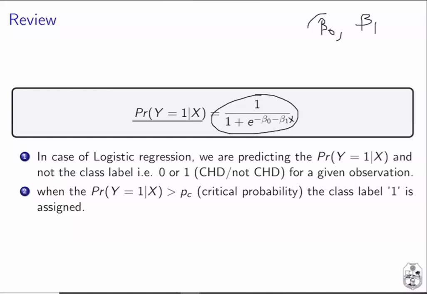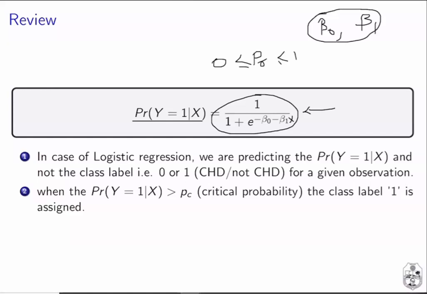And once we have the estimated parameters beta 0 and beta 1, we can substitute them in this equation, where x is our input observation, and based upon these parameters we can evaluate this expression, and we will get a probability in the range of 0 to 1.